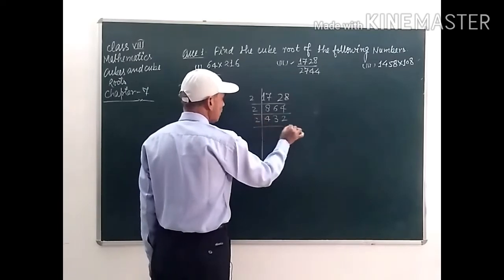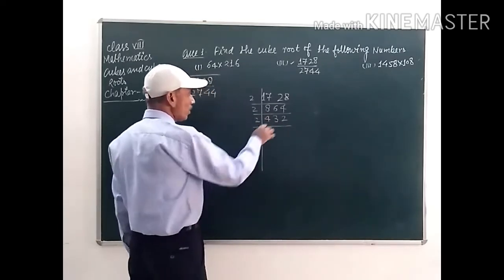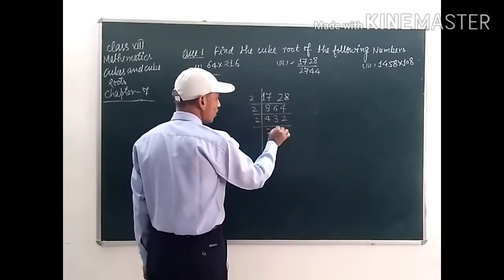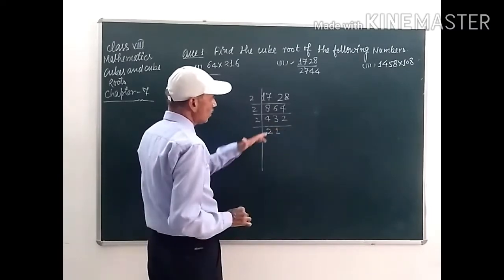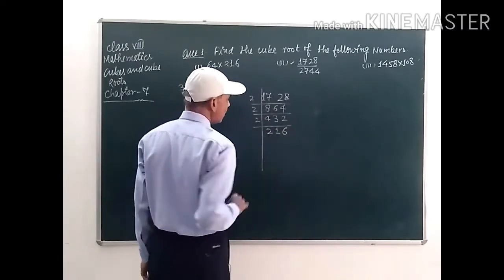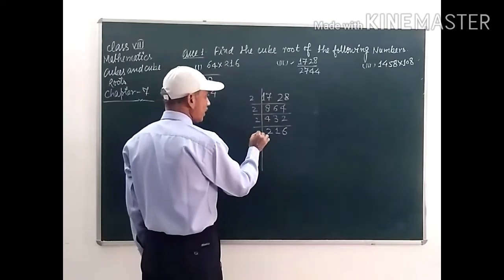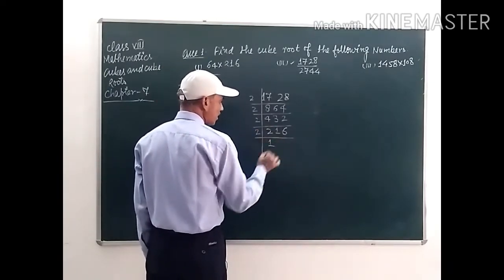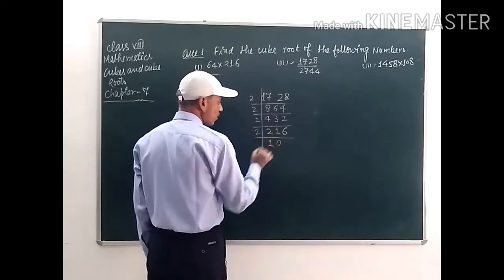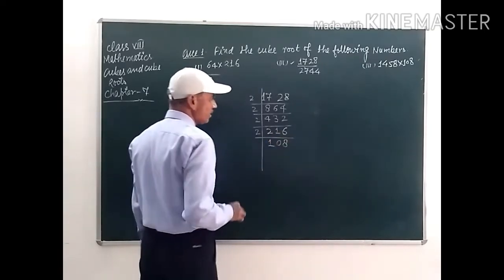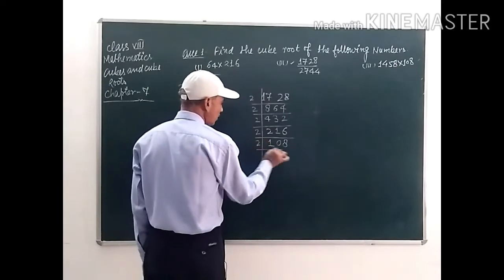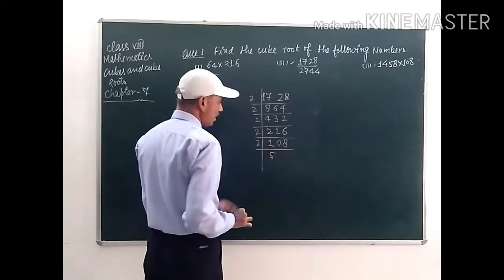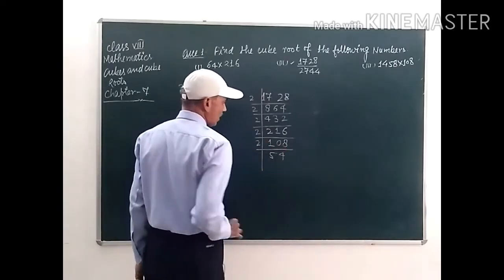Again by 2, 2 2s are 4, 1 here, 2 1s are 2, 2 6s are 12. Again by 2, 2 1s are 2 and here 1, that is 0, and 2 8s are 16. Again by 2, 2 5s are 10 and 2 4s are 8.